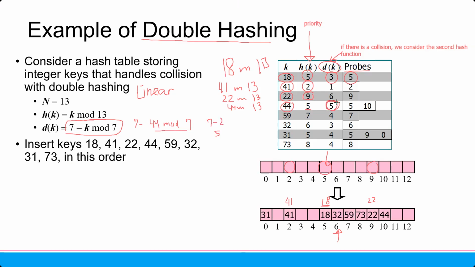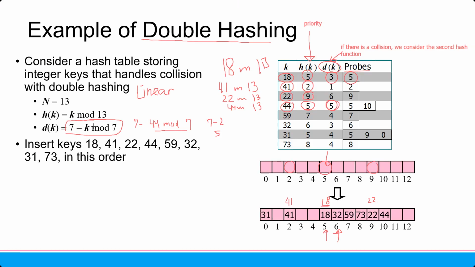But what about 5? 5 and 5. So it's the same. We cannot put the value in index 5 because 5 already has a value.